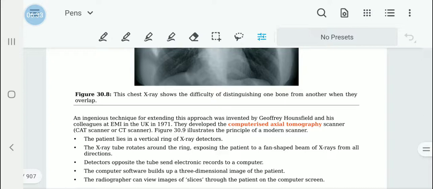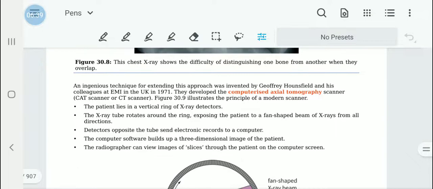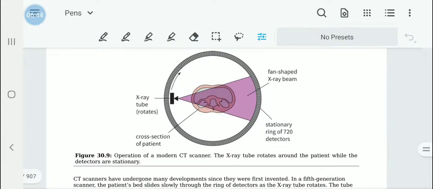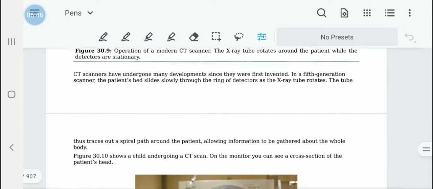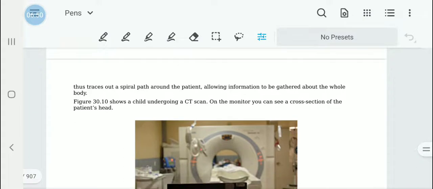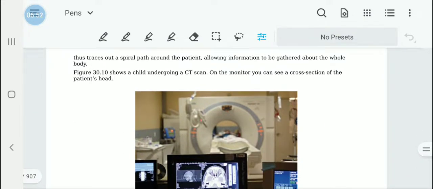Computer software develops a 3D image of the patient, which gives an image of the slices of the patient's body.